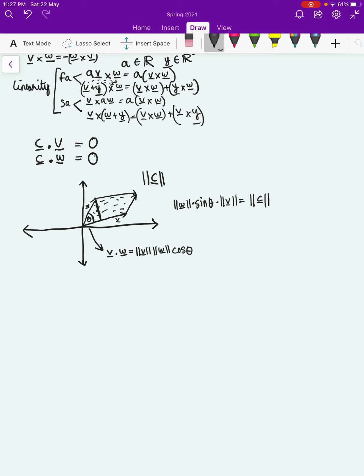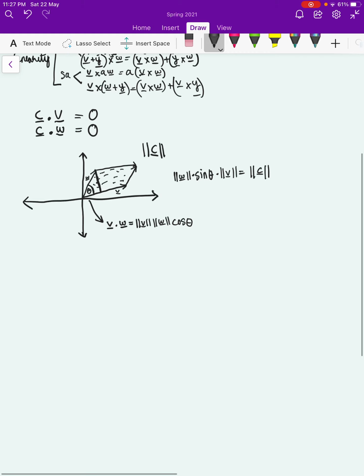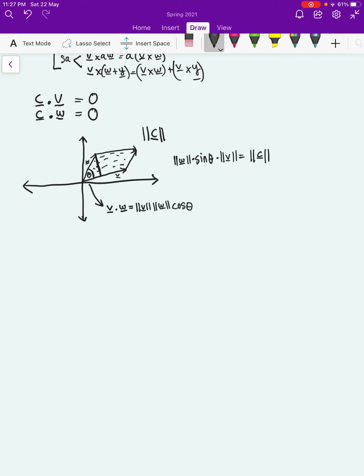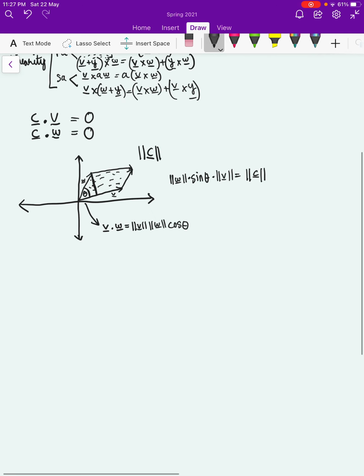Now, what else can we do with this, you might ask. Something interesting is we've said that it's orthogonal to both vectors.